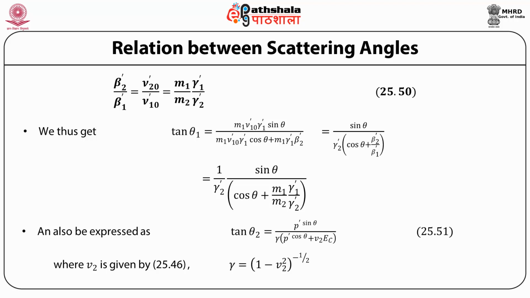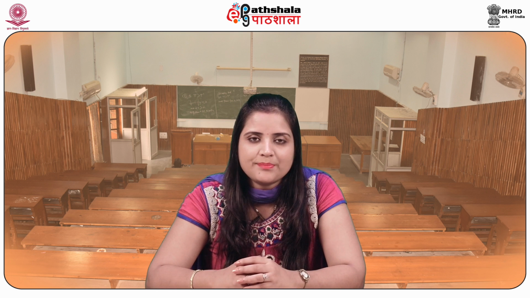So students, let us summarize what we have learned in this module. In the special theory of relativity, space and time are considered absolute and constitute coordinates in a 4D Minkowski space.